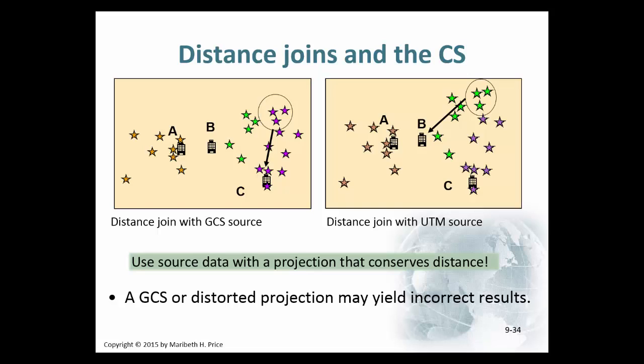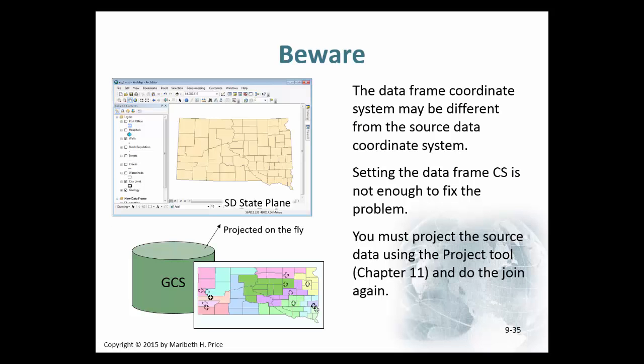A geographic coordinate system or a projection that distorts distance will likely yield incorrect results. The source coordinate system is used as opposed to the data frame coordinate system. It might be necessary to project the source data into an appropriate projected coordinate system.